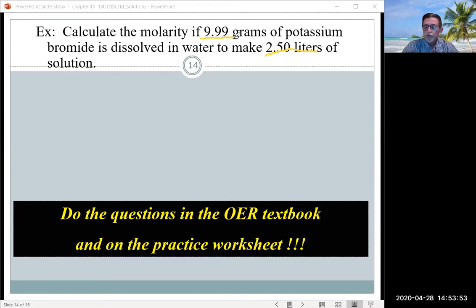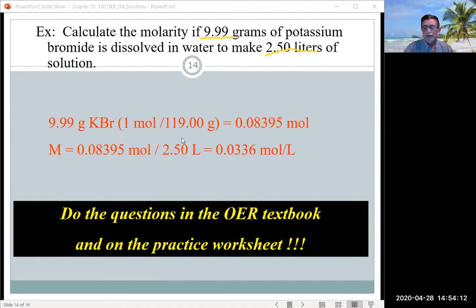So structurally, I need 1 potassium, 1 bromide, which gives me the formula KBr. Okay. Once I know that, I add up the atomic weights for potassium and for bromine, and I have its molar mass, which is 119.00 grams. Okay.